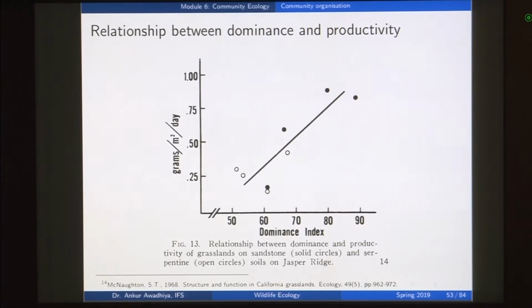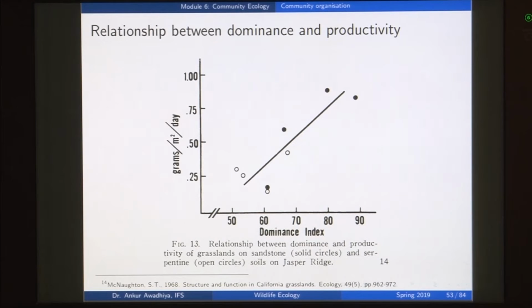So, if you have a community where some species are dominant, they are typically those species that have a very high level of productivity. In those communities where you do not have a very high level of dominance, most of the species that are there are either all very low productivity species, or else these species are spending quite a lot of energy in competing with each other, because none of them has a very high level of competence as compared to the other species.